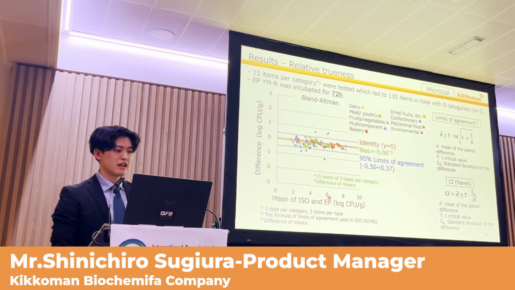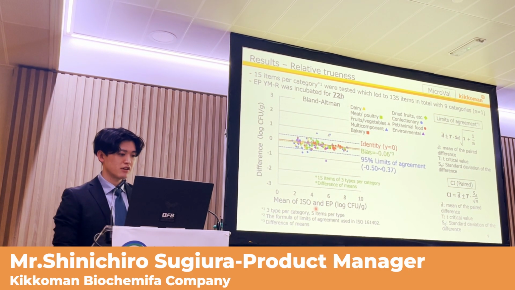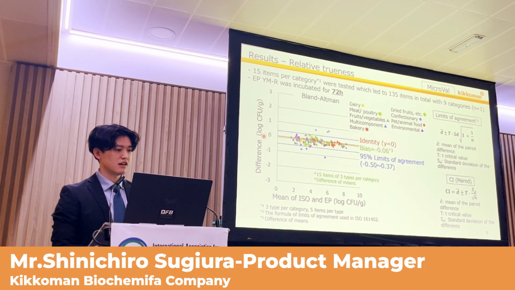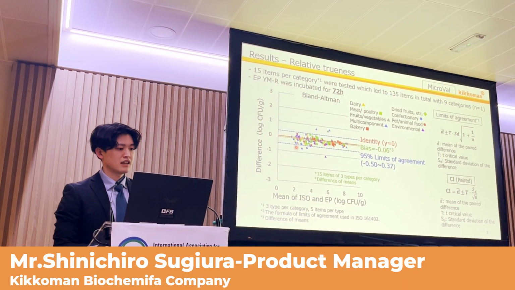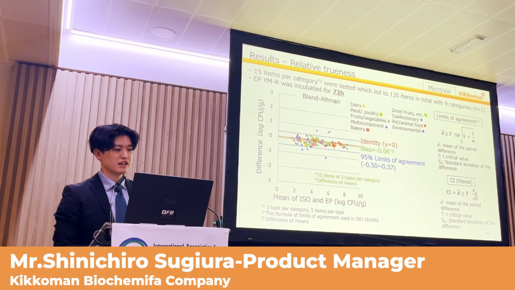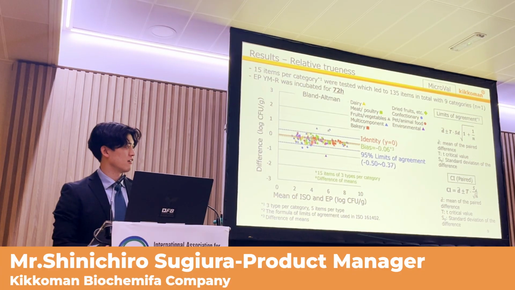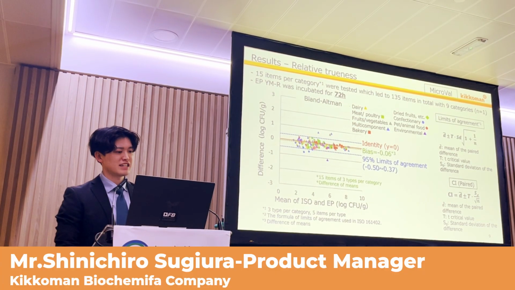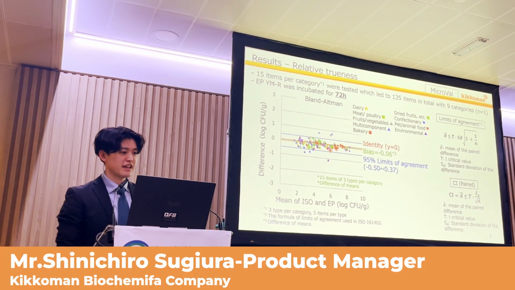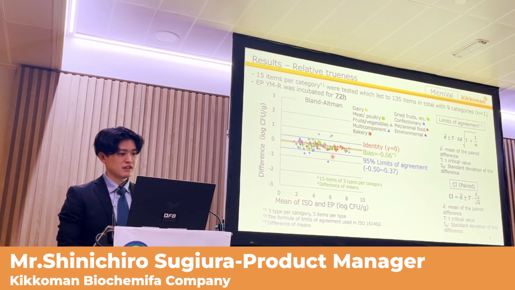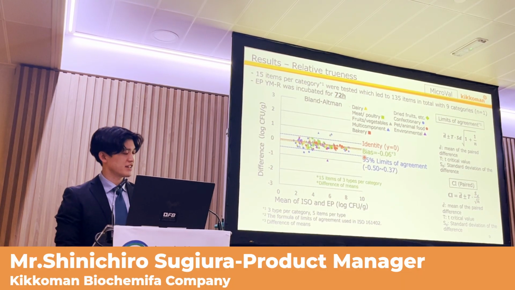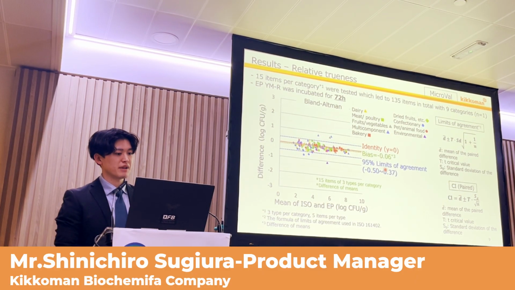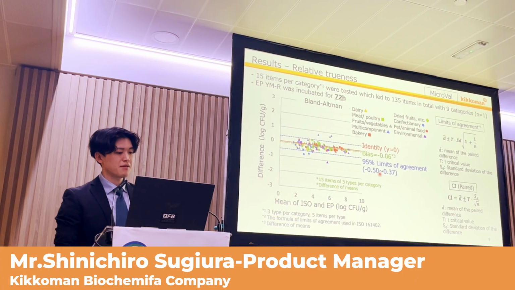With the mean value of the 2 methods on the x-axis and the difference on the y-axis, although any criteria has not been established in ISO so far, a good agreement was observed with a bias or the average difference of minus 0.06 and 95% limits of agreement ranging from minus 0.5 to 0.37.